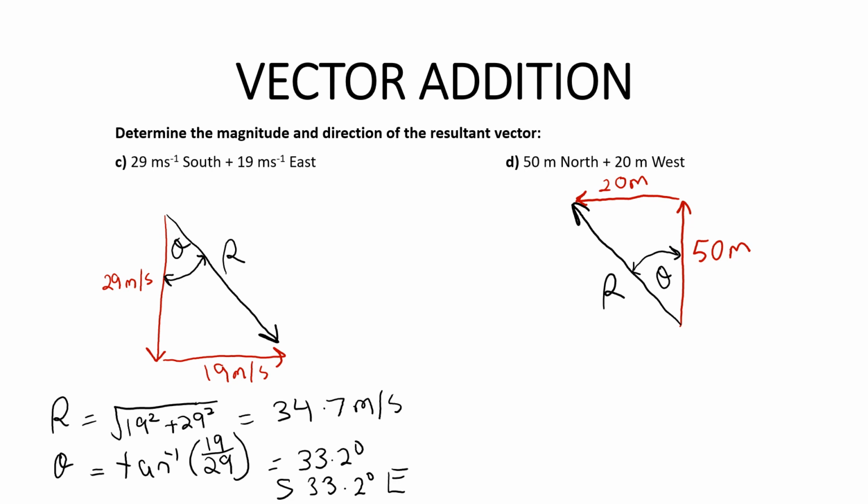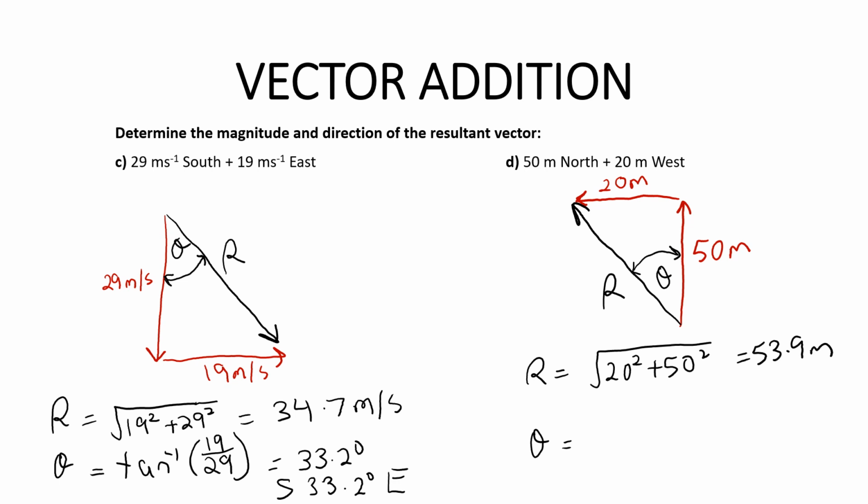So the resultant equals, again, here we have Pythagoras theorem because we have a right angle triangle. So the square root of 20 squared plus 50 squared, and we get 53.9 meters. And theta will equal to, again, I will use here tan ratio because I know the exact value of the opposite side, and I also know the exact value of the adjacent side.